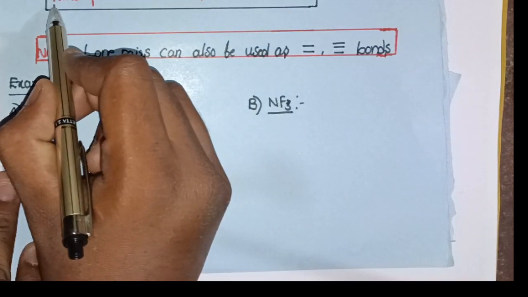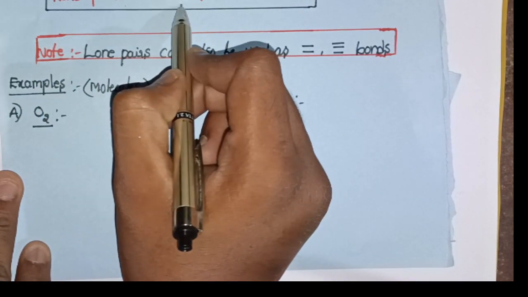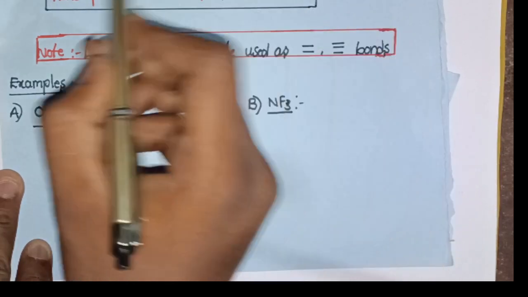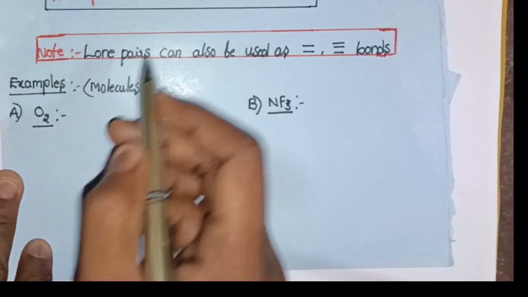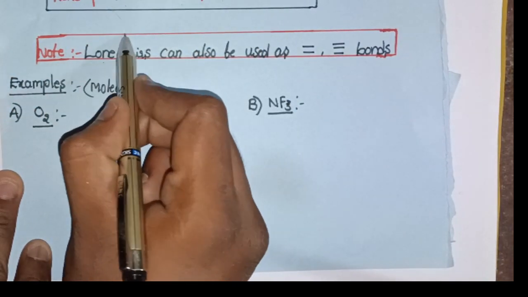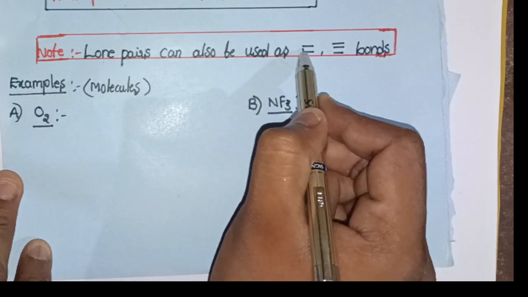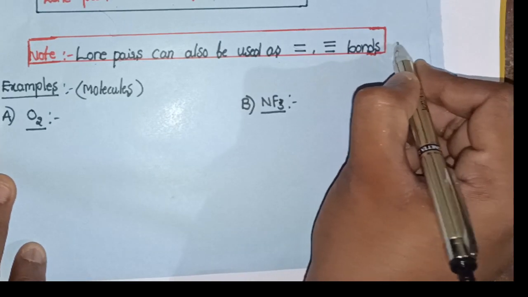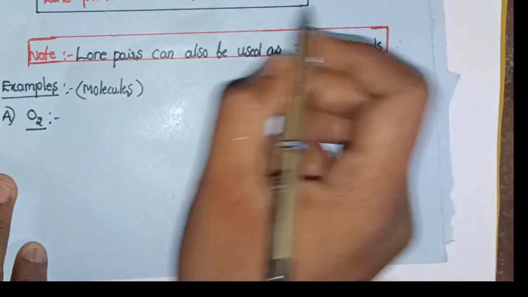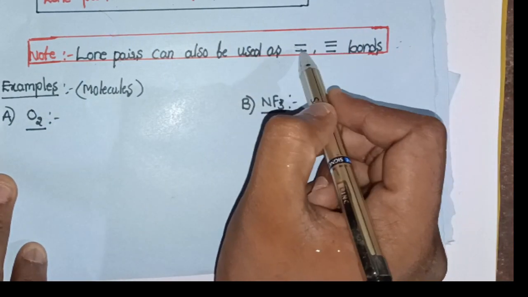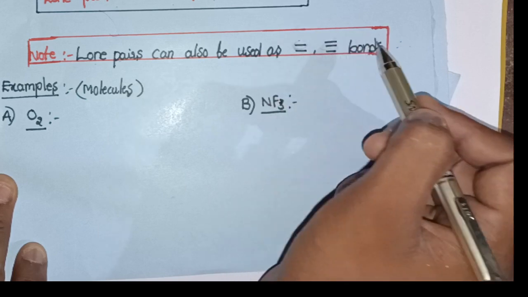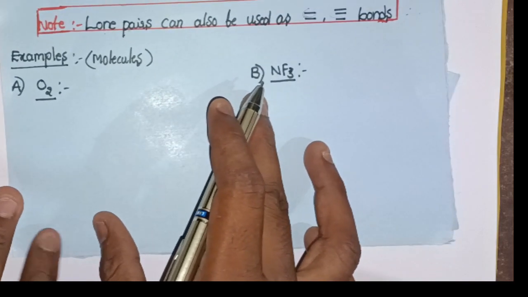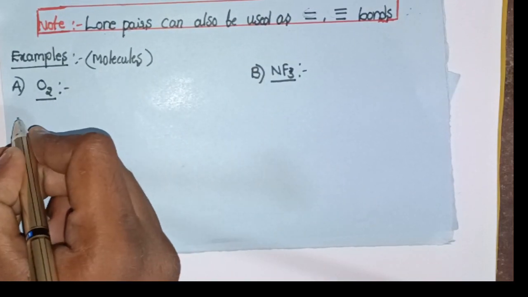Let's see how to count lone pair electrons. Lone pair electrons is equal to total electrons Q minus bond pair electrons. Lone pair electrons can be used for double bonds or triple bonds, not only to show dot structures. The lone pair electrons can also be used to draw double bonds and triple bonds between the atoms.